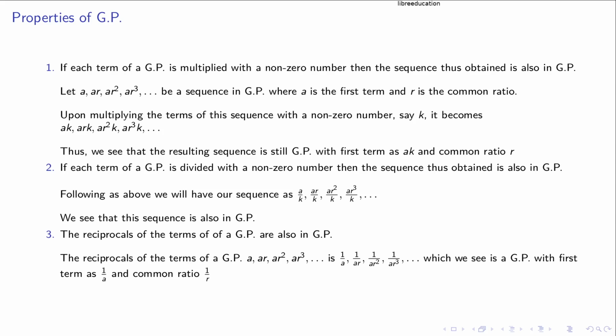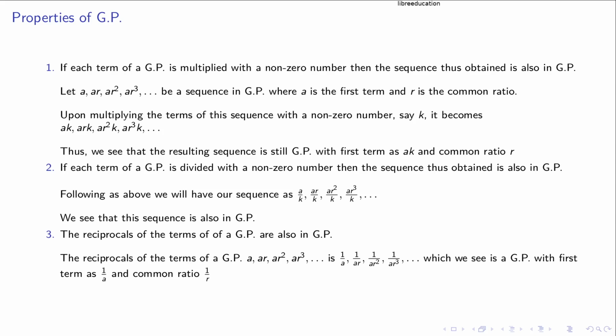Now we multiply this sequence with a non-zero number, let's say K. Then it becomes AK, ARK, AR square K, AR cube K. So we see that if we multiply with some constant K, then the resulting geometric progression has first term as AK, but the common ratio does not change. It remains R.